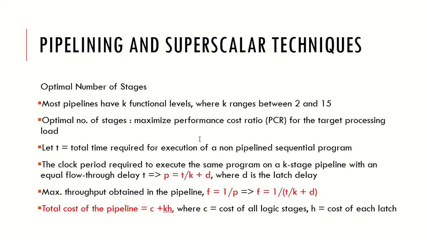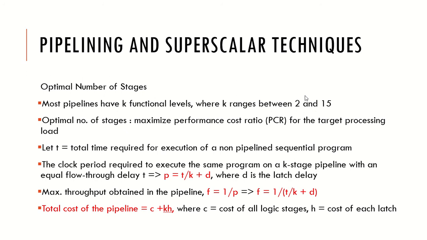T is the total time taken to execute a non-pipelined sequential program in a non-pipelined processor, and P is the clock period required to execute the same program in a k-stage pipeline, expecting an equal flow delay of T.